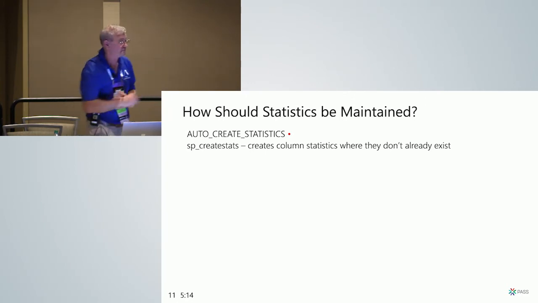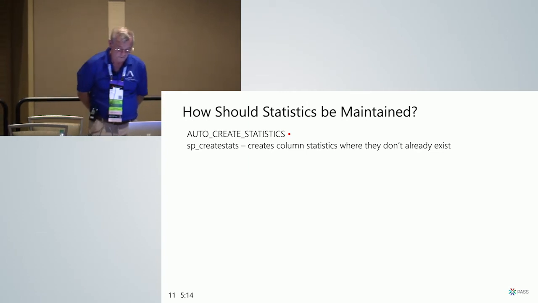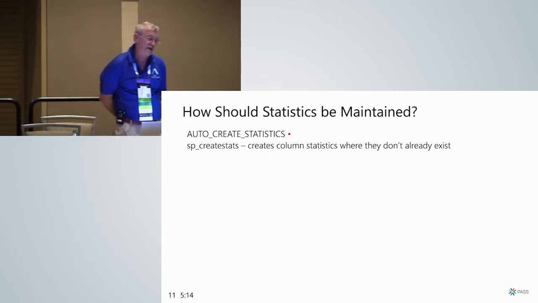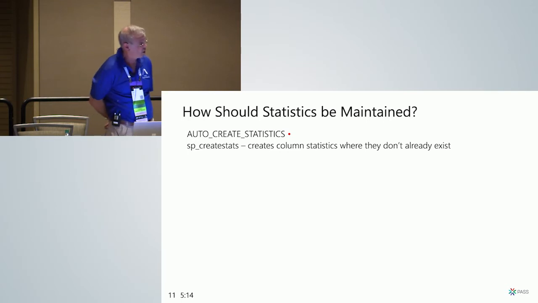Okay? Yes? Let's say I have a query which runs like once a month, and I cannot create a covering index for it because the frequency is way too low. Will it help if I create a covering statistic instead? So the question is, you've got a query that runs once a month or so, and you shouldn't put a covering index on it. Would it help to put a covering statistic on it, as in a multi-column statistic?